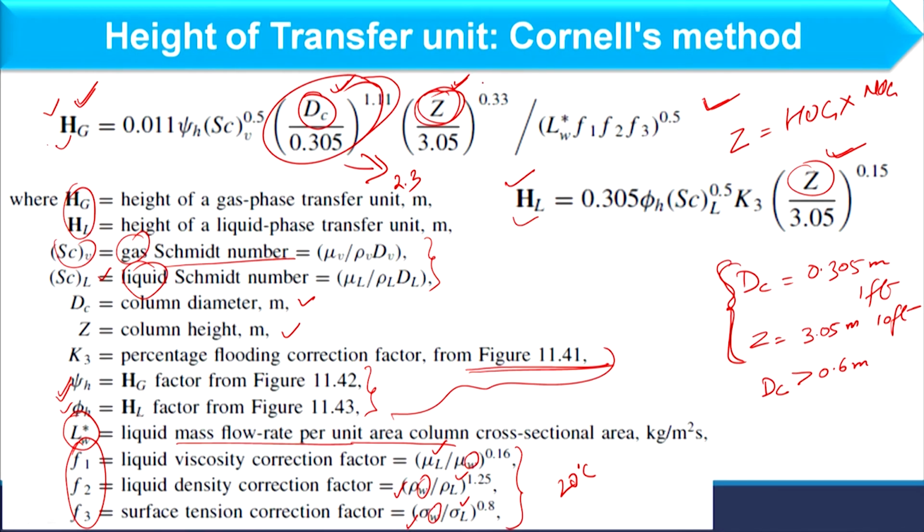On the other hand, the Z factor, that is this correction factor, you should consider if your Z is more than 3 meter. And Z is what? Z is the height of the packing, not the height of the column. Because some arrangement you have to make for putting the packing support, for putting the liquid distributor, and some space for movement of gas and liquid at the top as well as at the bottom. So, Z represents only the height of the packing, and DC is the diameter of the column.